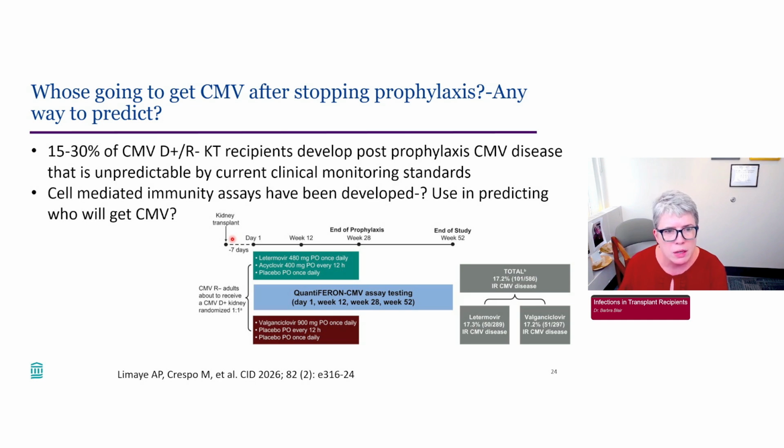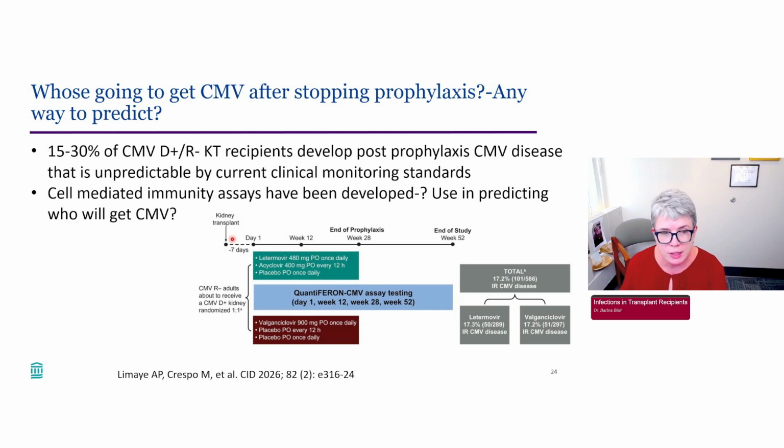Then this is the big question. As I just told you, about 15 to 30% of people who are CMV high risk develop CMV disease after prophylaxis is stopped. And we really don't have a good way of predicting who these people are. So assays have been developed looking at CMV cell-mediated immunity.